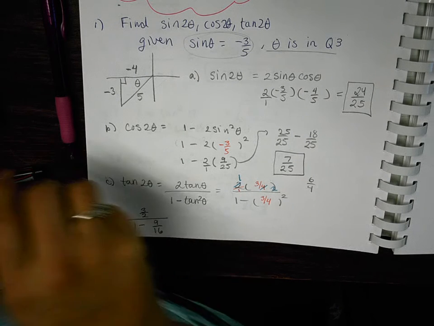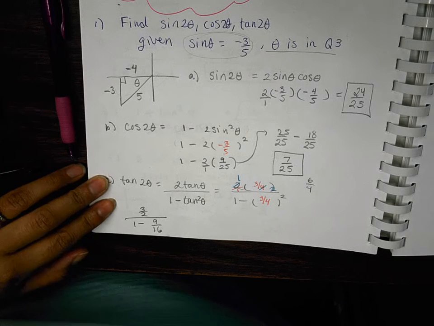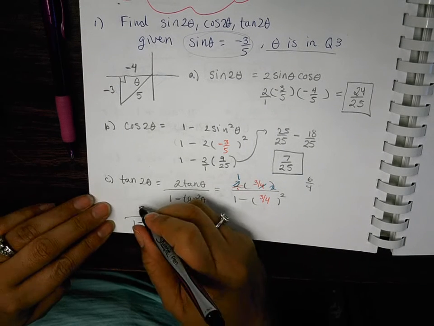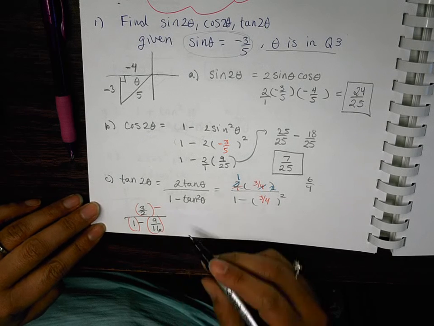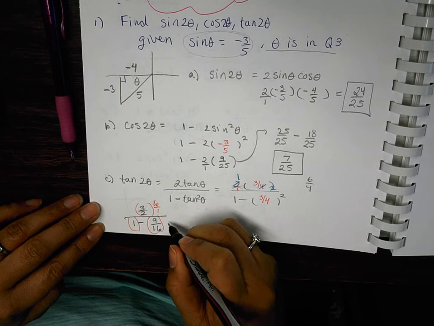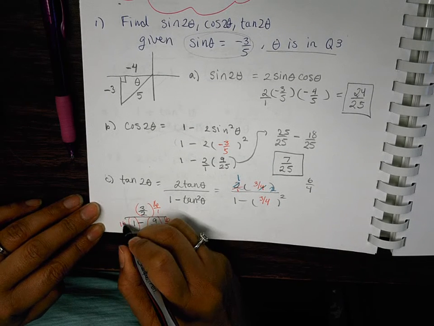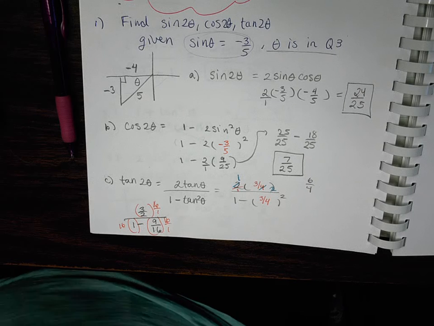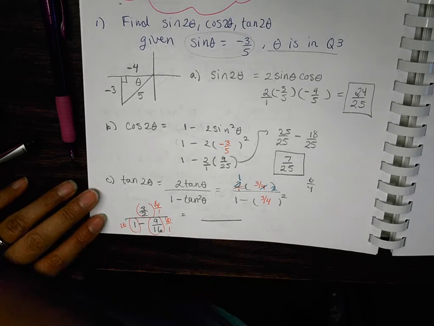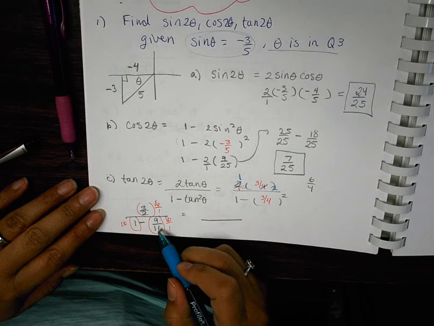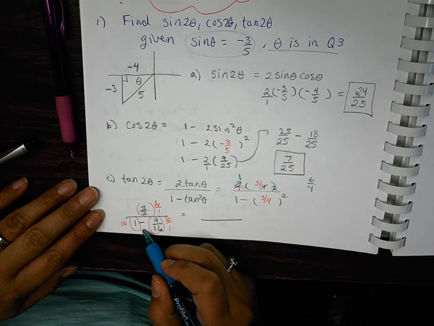Clear, we're okay with clearing? Okay, when we clear, what do we multiply everything by? Common denominator, good job, which is what? Everything, top and bottom, by the 16. Why 16? Because 2 goes into 16, 16 goes into 16, and 1 goes into 16.